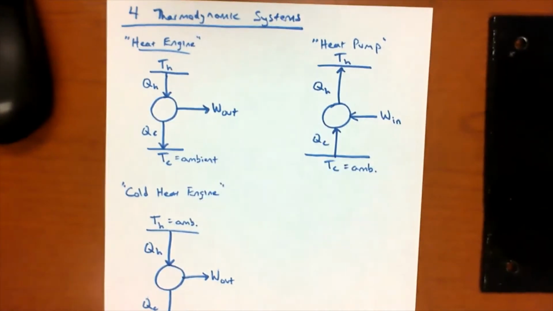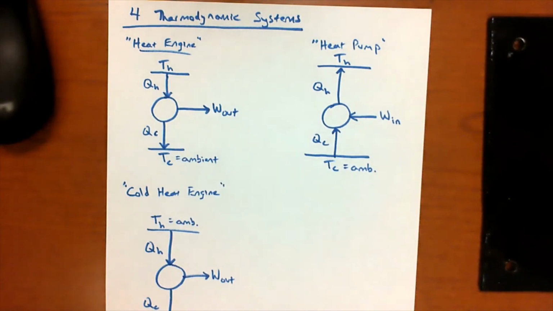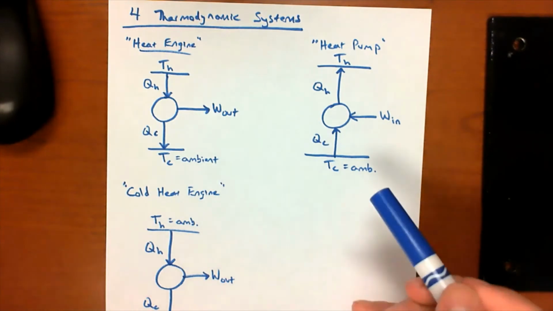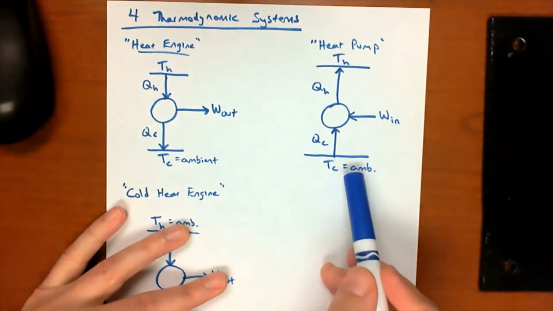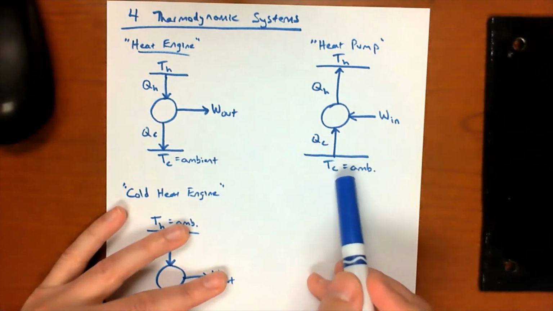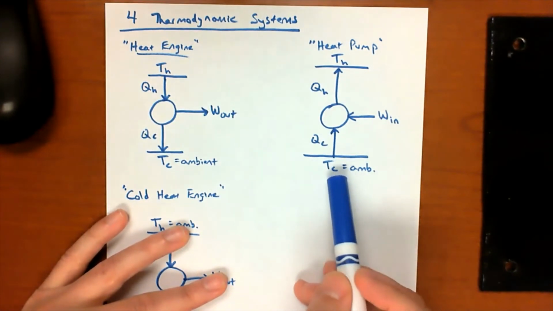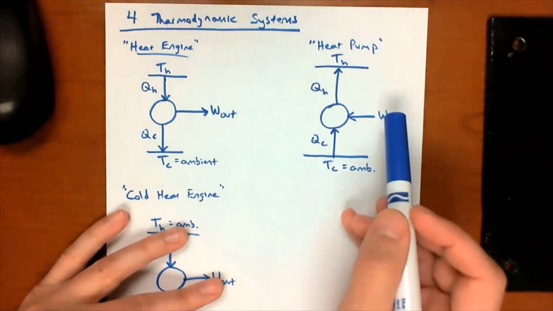So this is like if you had a cycle, and these do exist, like an air to air heat exchanger, or a geothermal system. This could be a geothermal system where your ambient is the T cold, let's say the temperature of the groundwater, and you're doing work on the process.